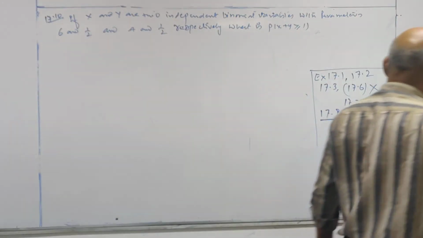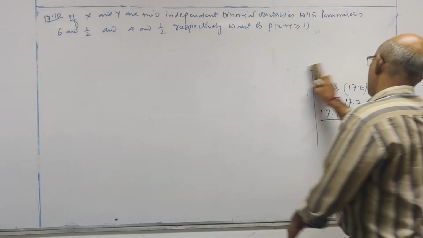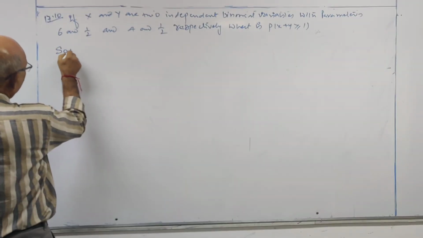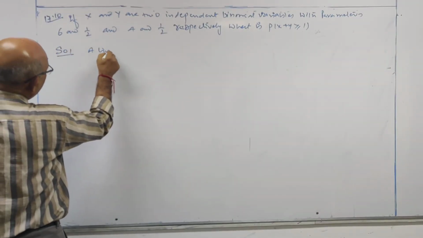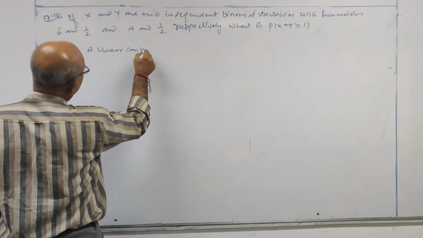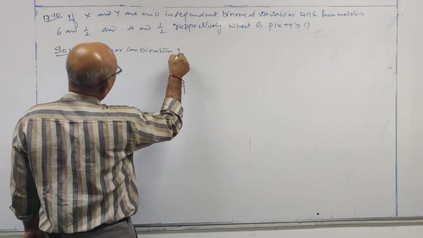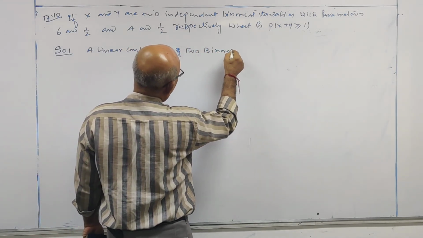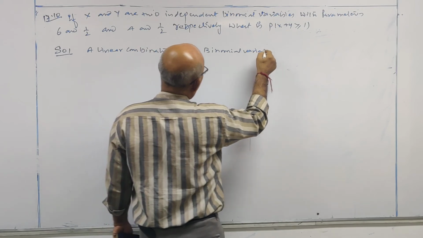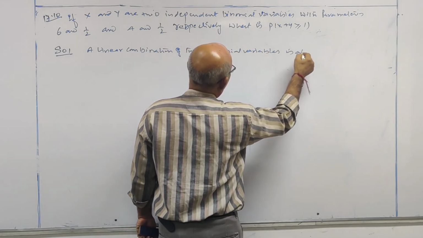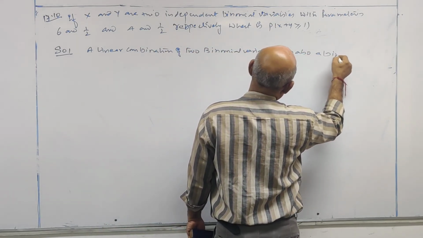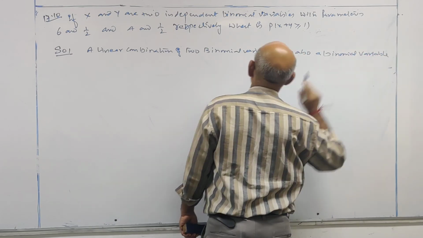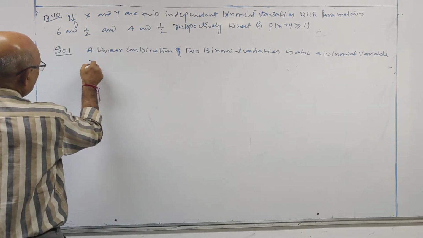Now it is based on a simple property. Solution. A linear combination of two binomial variables is also a binomial variable. What does it mean actually?